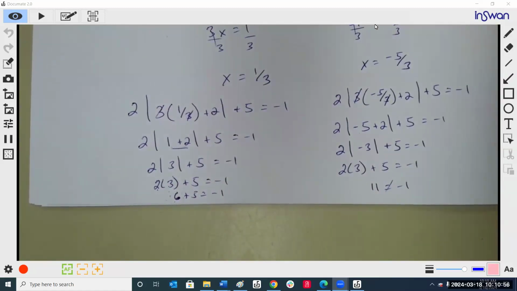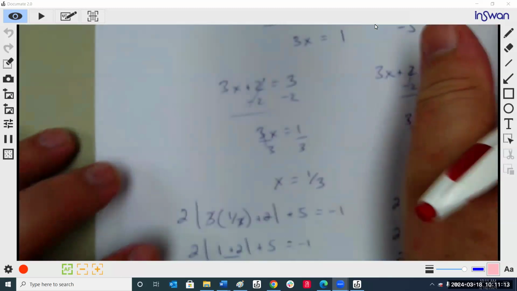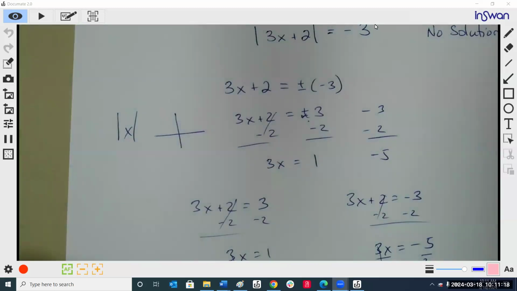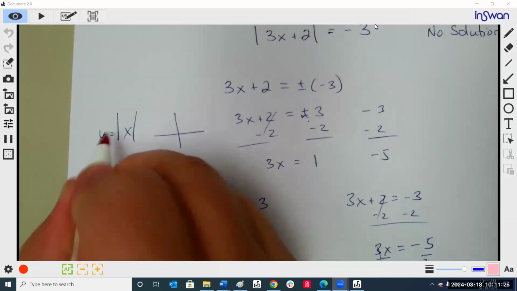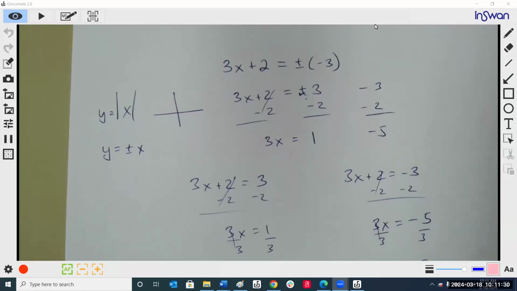What does the graph of the absolute value of x look like? If y equals that, we drop the absolute value, we get y equals plus or minus x.